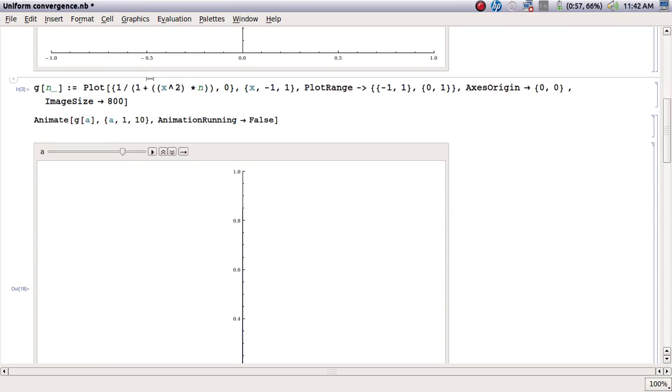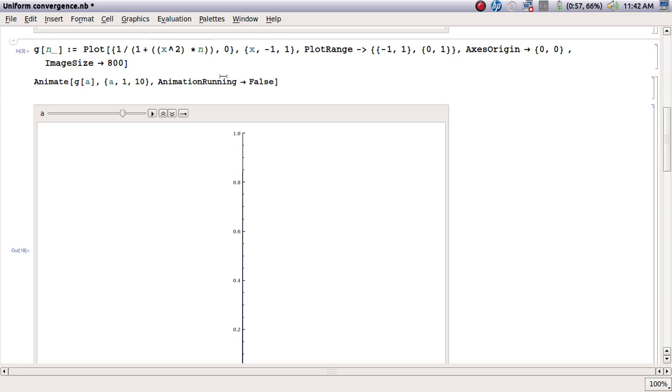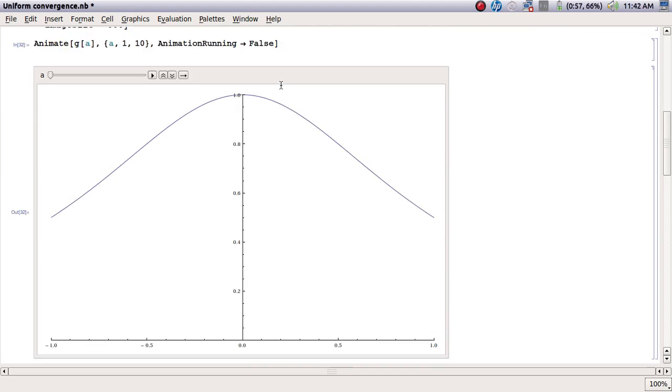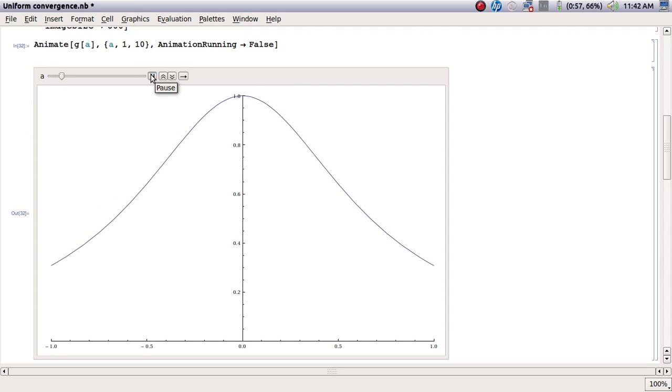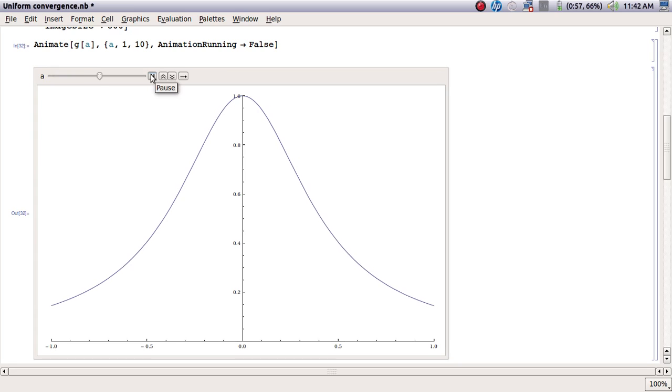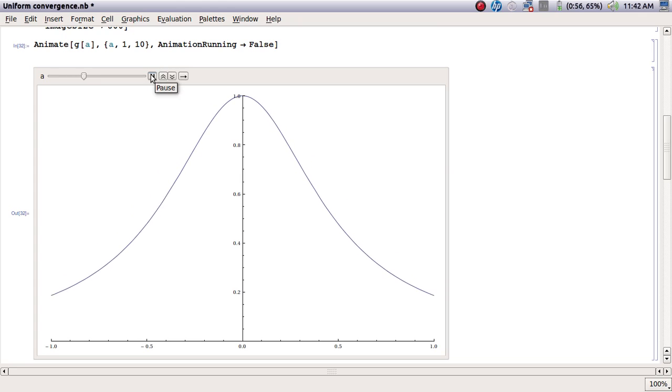This is the second function, defined as 1 by (1 plus x square n). First we define the function f1 to f10. This function shrinks, so with f1 to f10 we cannot get anything.